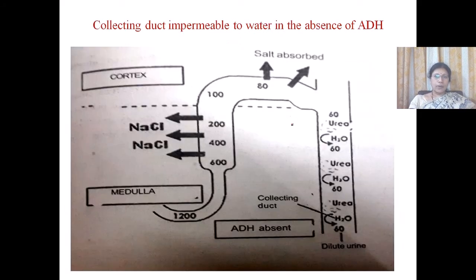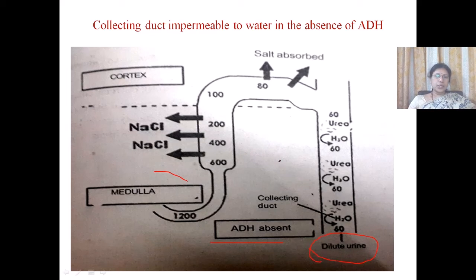But in contrast, in the absence of the antidiuretic hormone, when ADH is absent, water reabsorption will not take place in the cortex region as well as in the medullary region, and dilute urine is formed in large quantities.